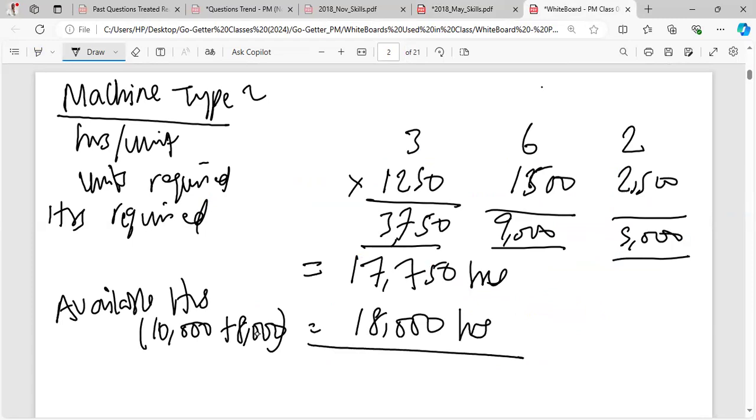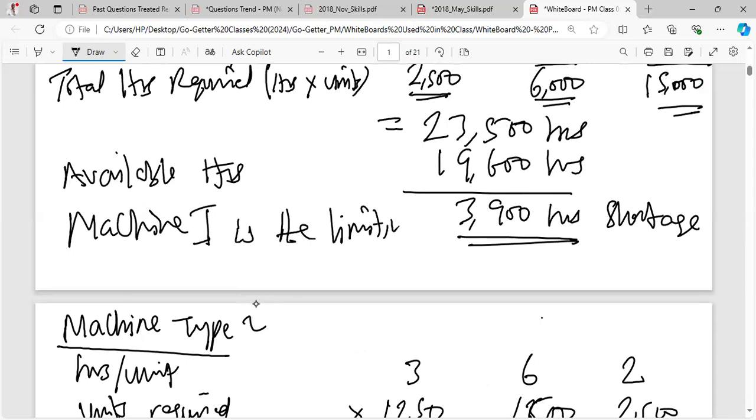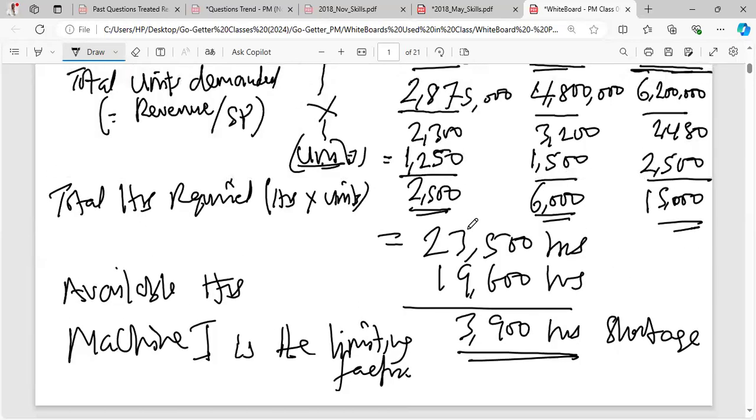So the difference here is 250 hours surplus. We have available hours of 18,000, and it requires 17,750. So it means that machine 1 is the limiting factor. We have identified the limiting factor.